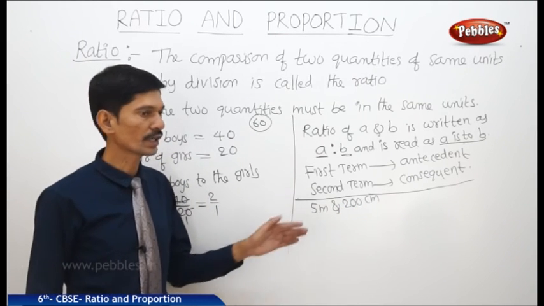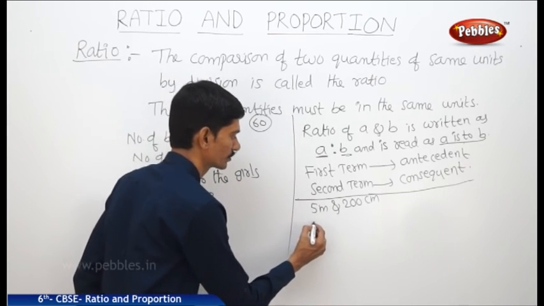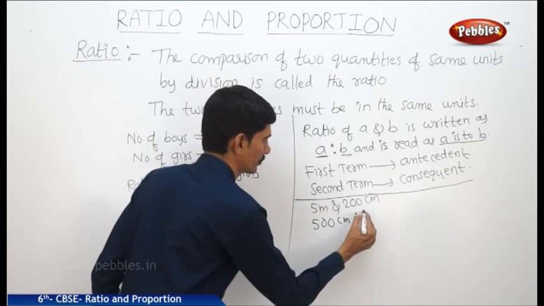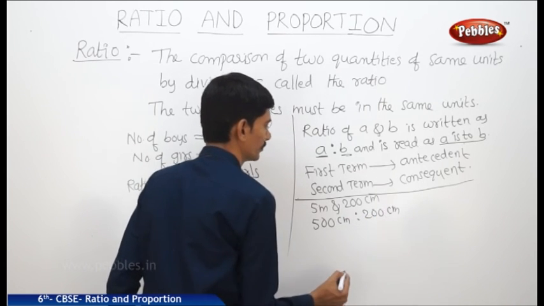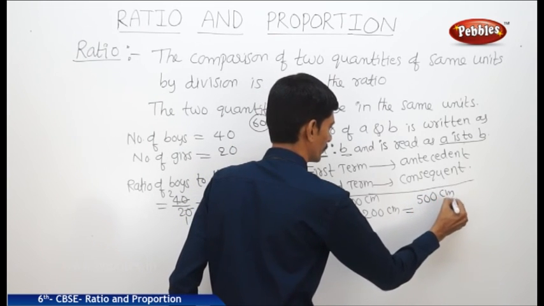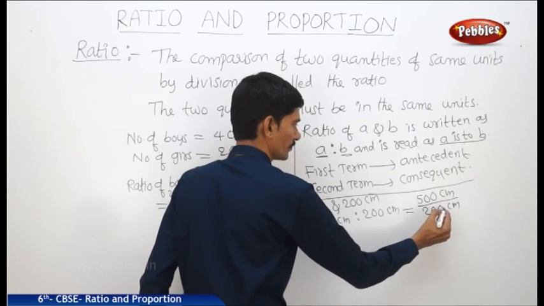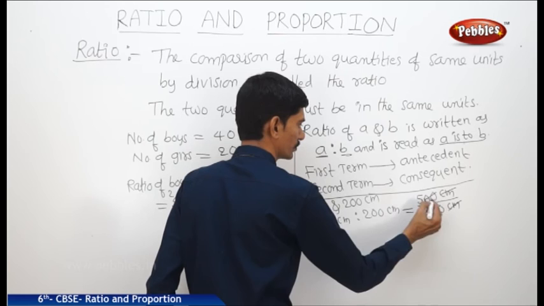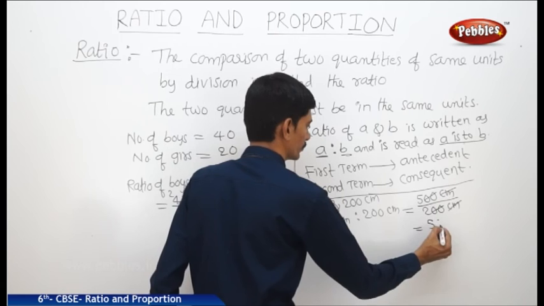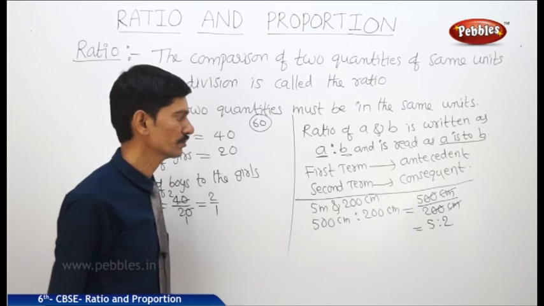Now, if we convert 5 meters into centimeters, we write 500 centimeters is to 200 centimeters. So this can be written as 500 centimeters by 200 centimeters. Here centimeters cancel, zeros cancel, then we get 5 is to 2. So the ratio of 5 meters and 200 centimeters is 5 is to 2.